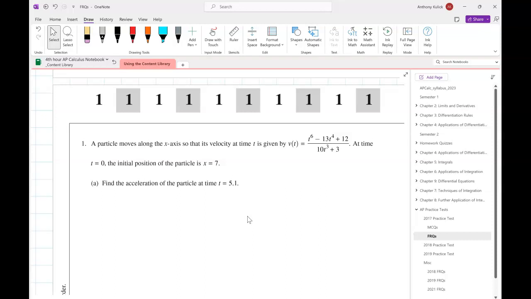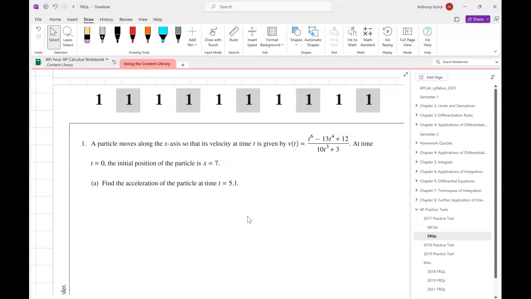So number 1 says a particle moves along the x-axis. The velocity at time t is given by v of t equals yada, yada, yada. At time t equals 0, the initial position of the particle is 7. Find the acceleration of the particle at time t equals 5.1. This is a 1-point question.